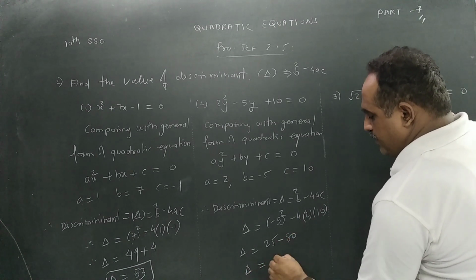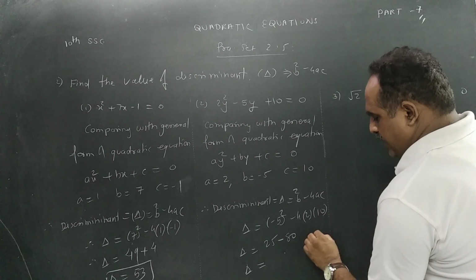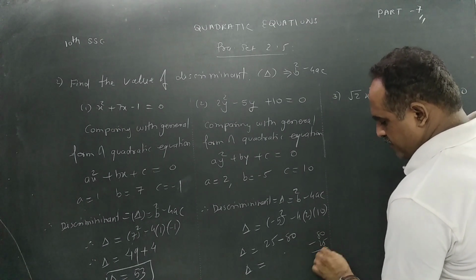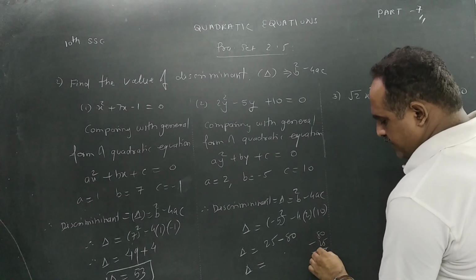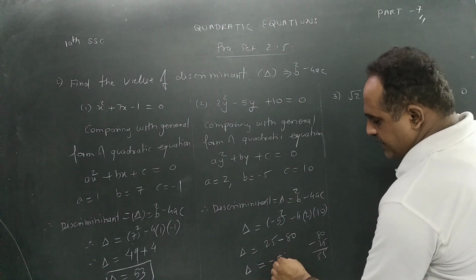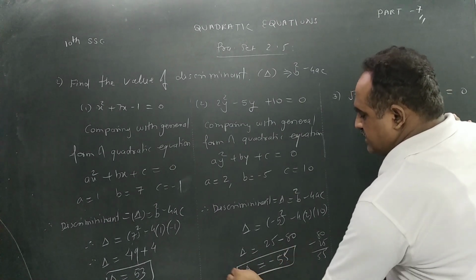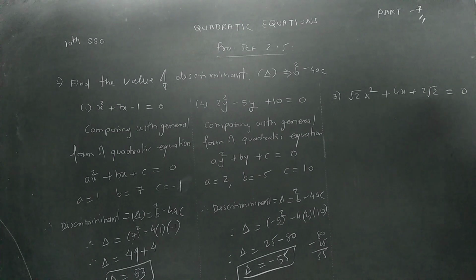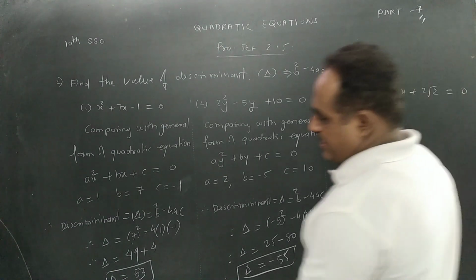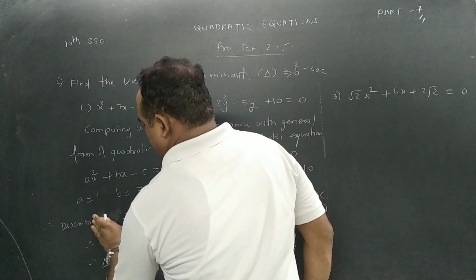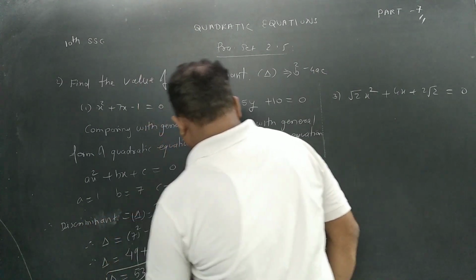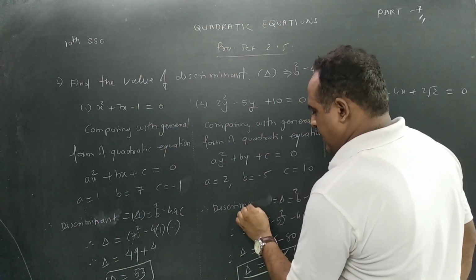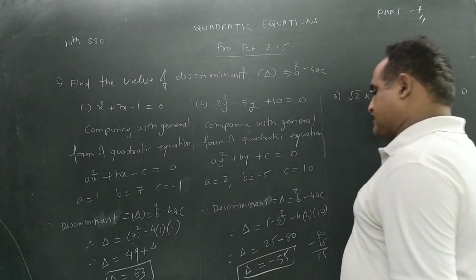So delta will be 25 - 80, which is -55. This is the value of the discriminant.